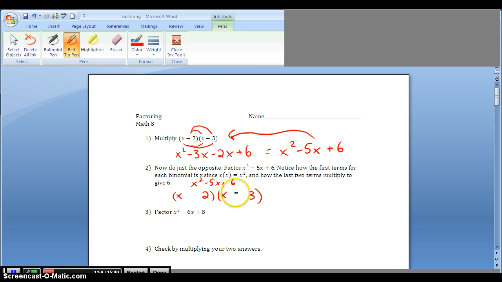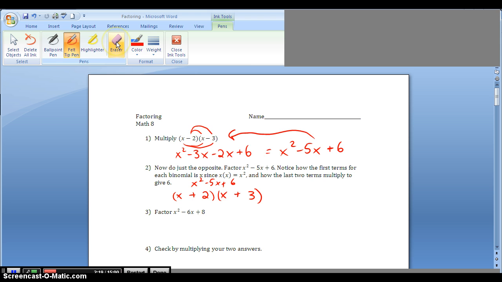Now how do I know that it's minus? Well, if this was positive, and I had written the positive here, when I went to FOIL it, I would get x squared plus 3x plus 2x plus 6. And the plus 3x and the plus 2x would give me a plus 5x, which is not what I'm looking for.